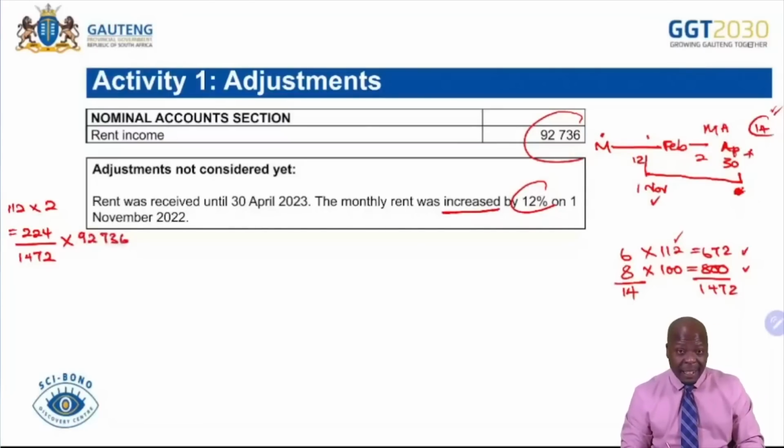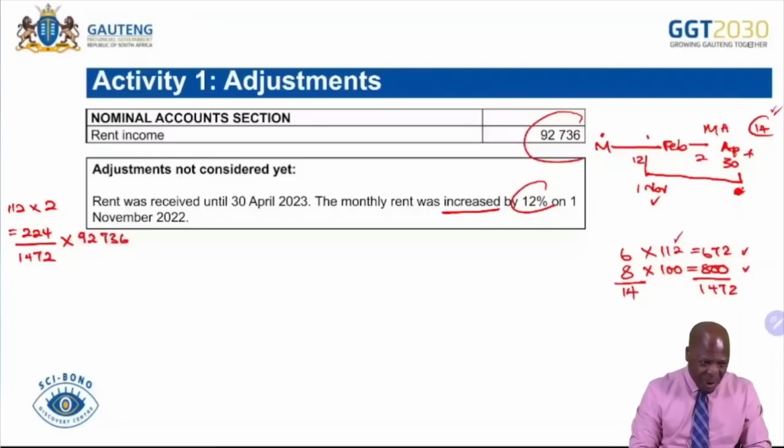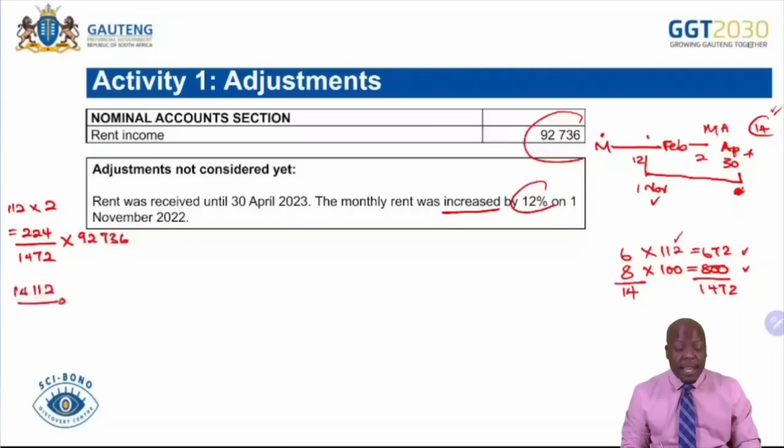Let's punch that in the calculator. Let's see how much we get. All right, I'm waiting for you. Okay, then we end up with 14,000. Say it again, 14,112. So this is the rent that we've received in advance for 2 months, that is March and April.